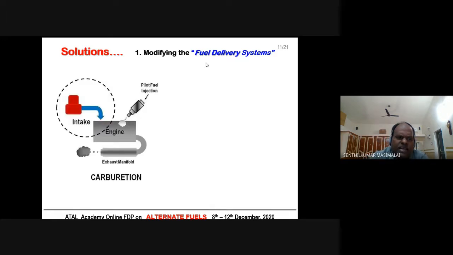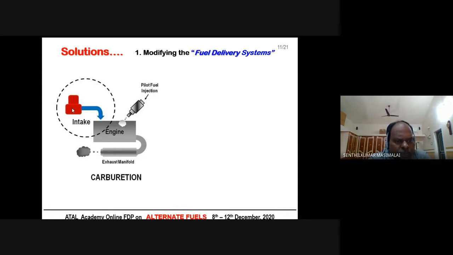The easy way of supplying hydrogen is by fixing a carburetor at the intake manifold. Actually, it is not the carburetor we use for our petrol engine, not that type of carburetor. It is simply a venturi tube, a venturi-like arrangement. A venturi tube can be used as the carburetor, because hydrogen can easily mix with air.